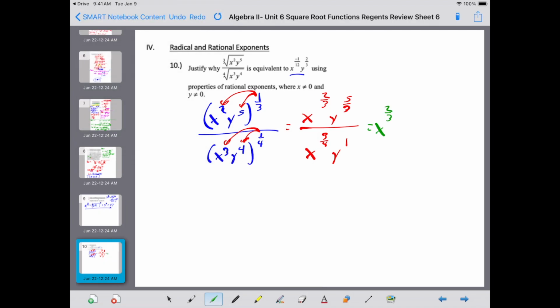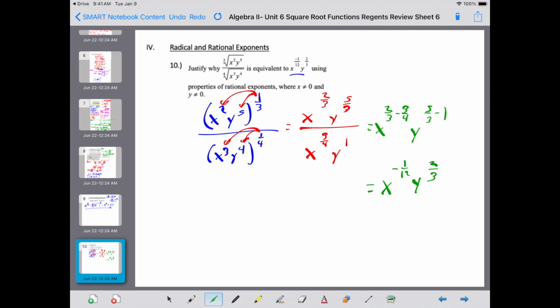X to the 2/3 minus 3/4, y to the 5/3 minus 1. I'm going to put that in my calculator. So 2/3 minus 3/4 is negative 1/12. 5/3 minus 1 is 2/3.